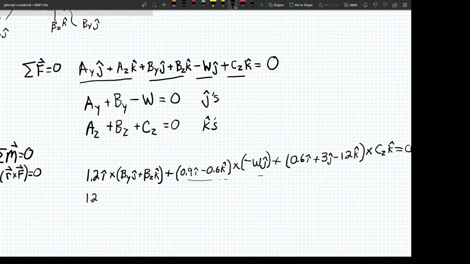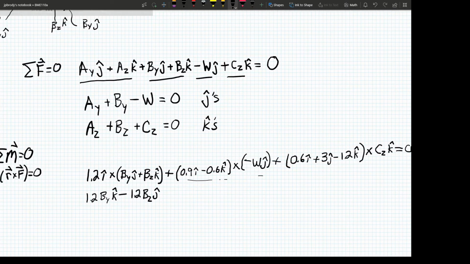1.2 b sub y in the k hat direction, minus 1.2 b sub z in the j hat direction.